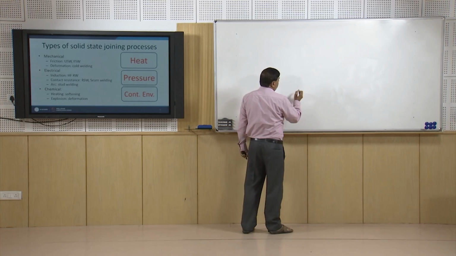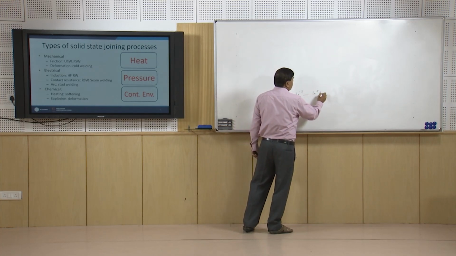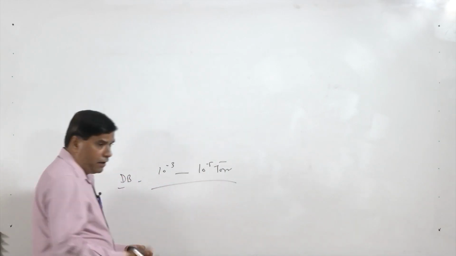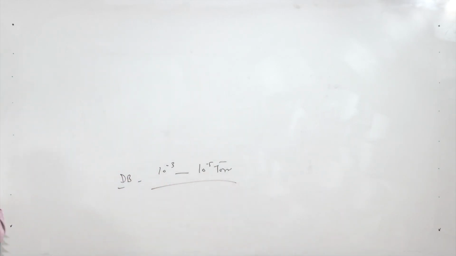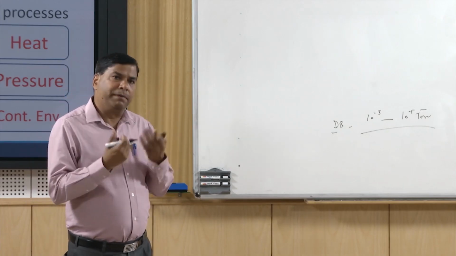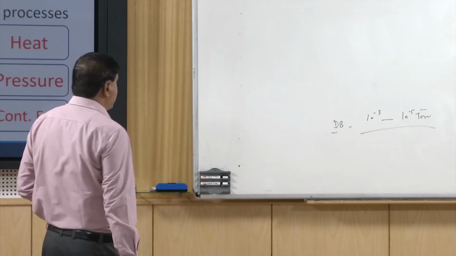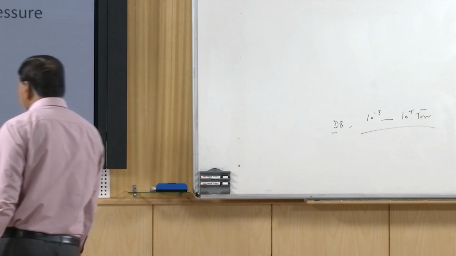Vacuum, like say 10 to the power minus 3 to 10 to the power minus 5 torr, is extremely common because it helps in removing impurities from the interfaces and having direct metal to metal contact under pressure at high temperature, so that diffusion across the interface can be facilitated.